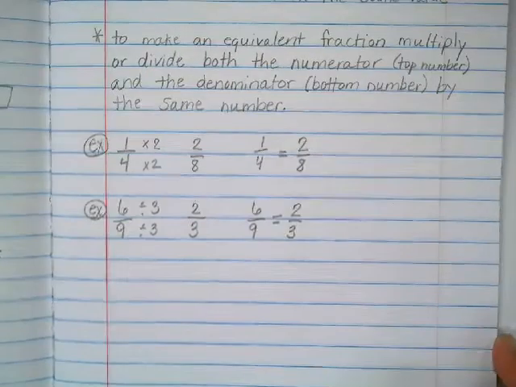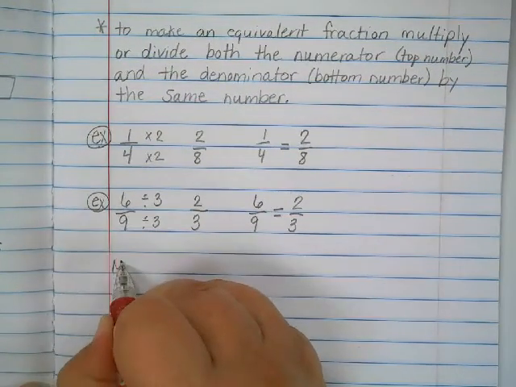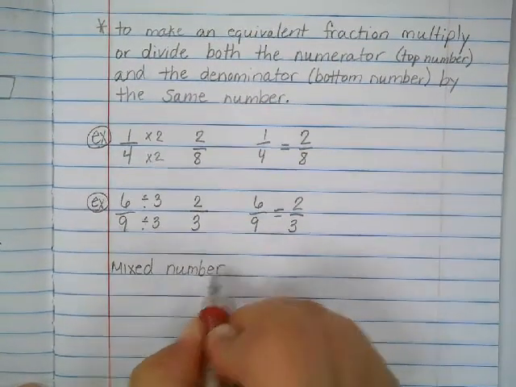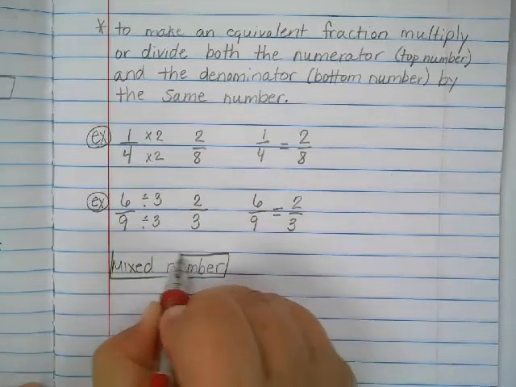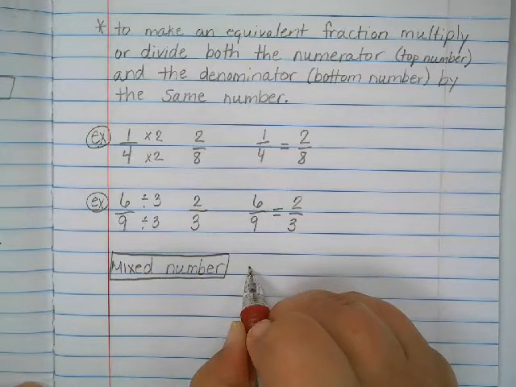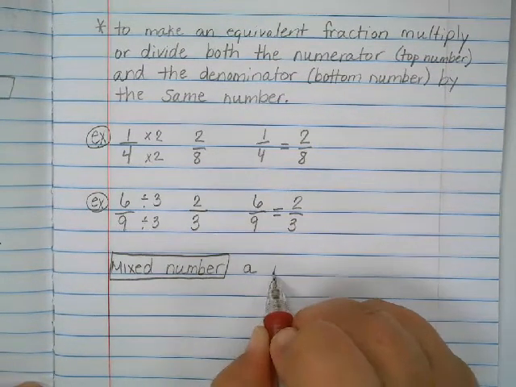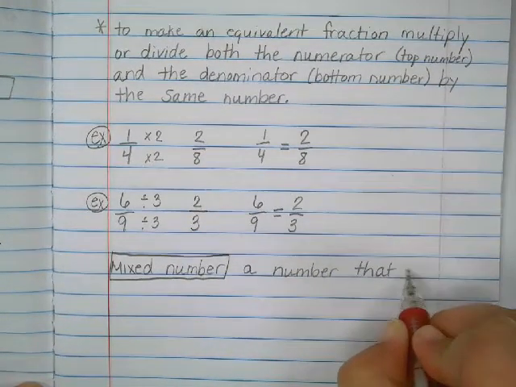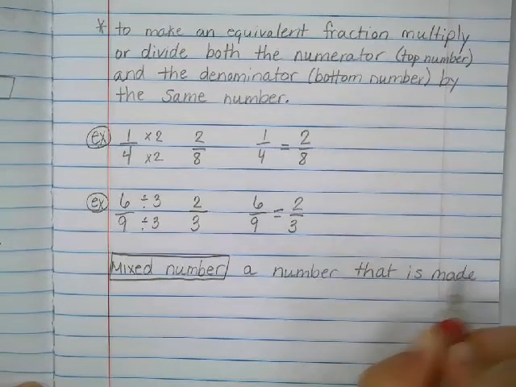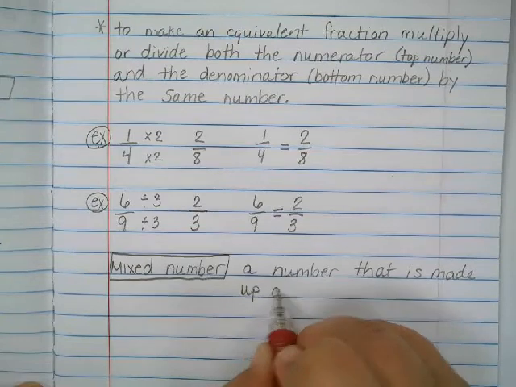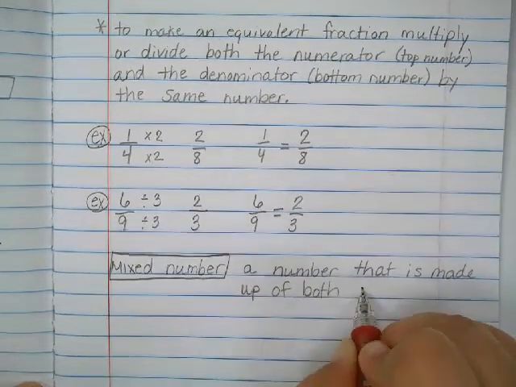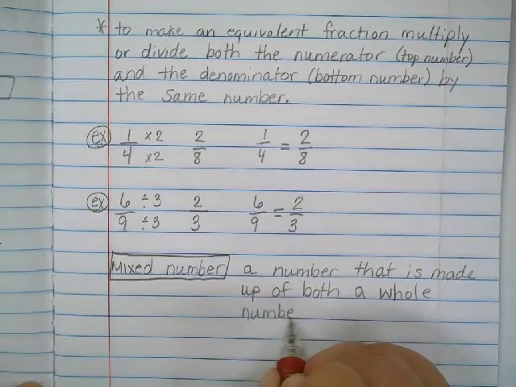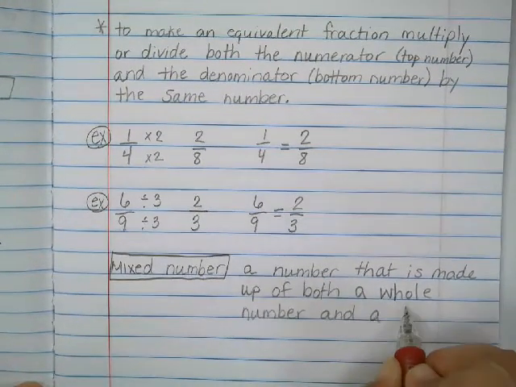Now we're going to go on to talk about mixed numbers. A mixed number is a number that is made up of both a whole number and a fraction.